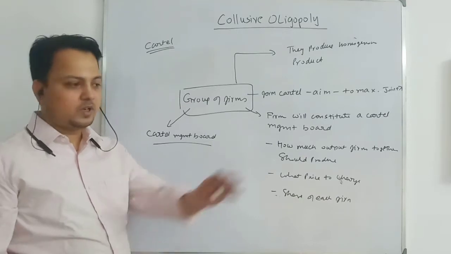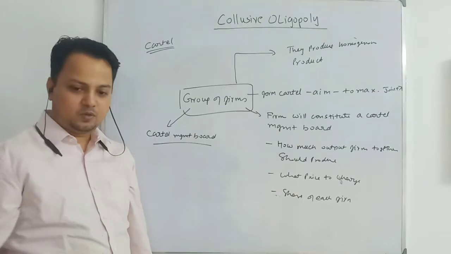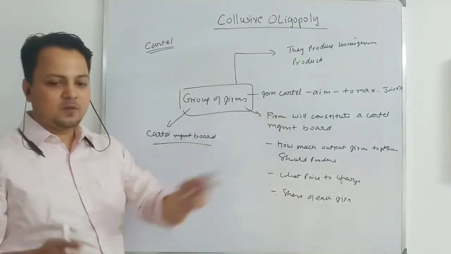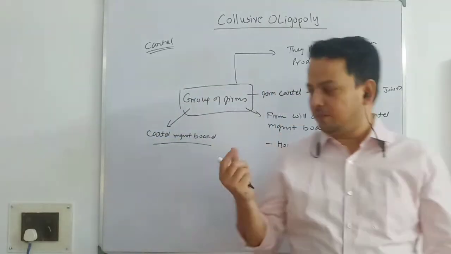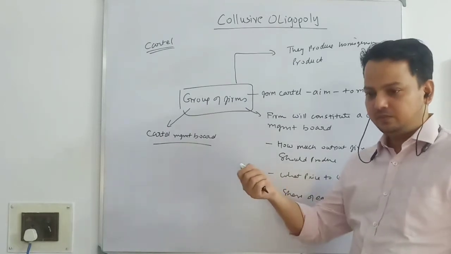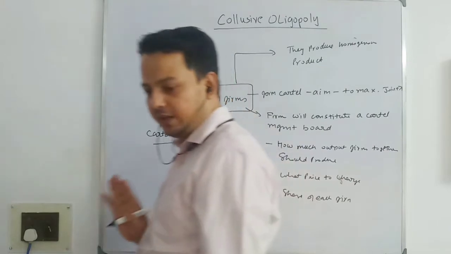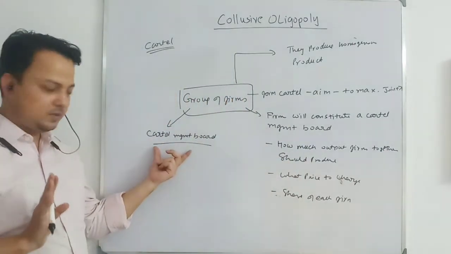They will not say, okay, you decide, we will produce. It is not like you people sitting in the canteen saying, you order, we will eat. It is not like that, right? They need some kind of data analysis, some kind of estimation. So they will form a board. Is everyone with me? Why are they forming the cartel board? What is the reason for the cartel management board?